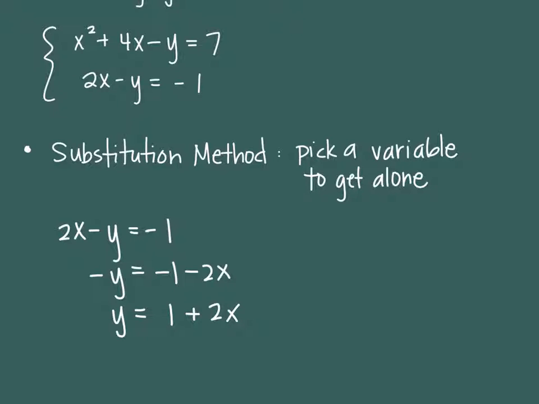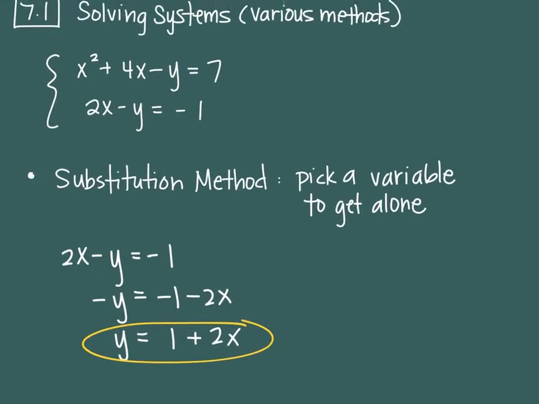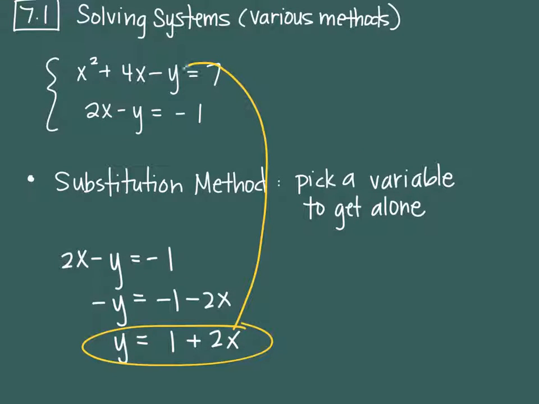So the substitution method starts that way: pick a variable to get alone, and then you're going to take that variable that you had alone and plug it back in to the other equation where that variable was also positioned. Make sure you plug it back into the opposite equation. So we are going to take this value right now and plug it back into the other equation, which was the top one, into the position for where y is.